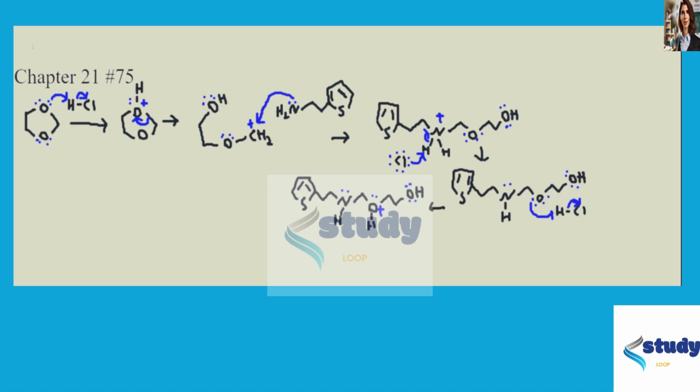All right, and so the next thing that's going to happen is the lone pair on our nitrogen is going to attack the carbon to which it's already attached as the carbon-oxygen bond breaks.